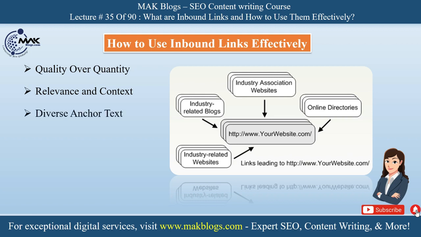Diverse anchor text. Use a variety of anchor text for inbound links and avoid over optimization. Next, avoid spammy links. Stay away from low quality or spammy backlinks as they can harm your SEO. Monitoring and maintenance. Regularly audit your inbound links and disavow toxic links if necessary.